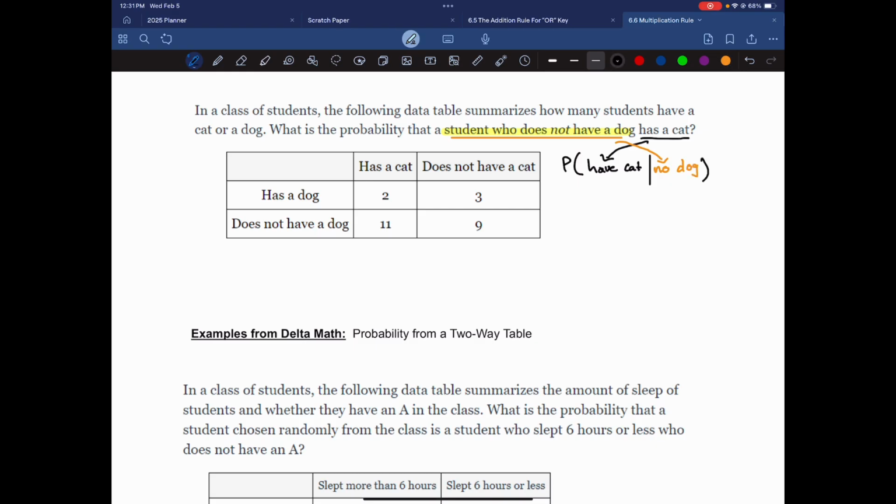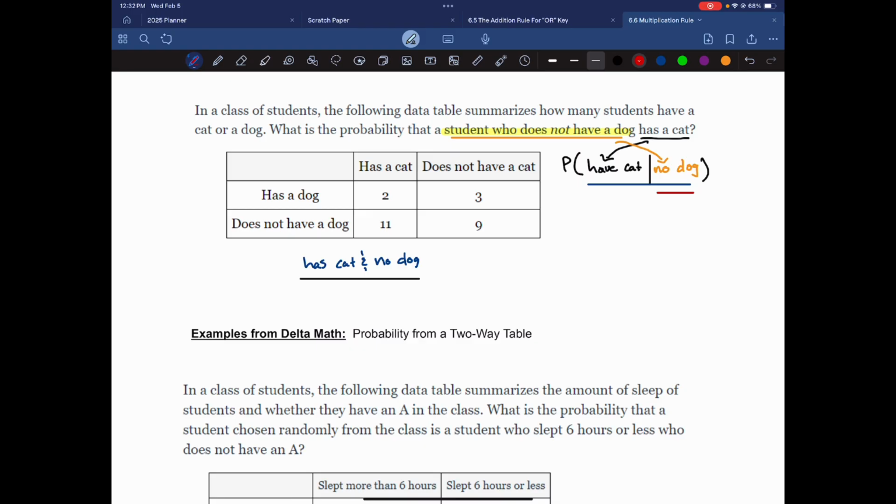So now this looks a little familiar. So I can say that what goes on top is having a cat and not having a dog, okay? So that's going to be my top, has cat and no dog. Then what will go on my bottom will be just the probability of not having a dog.